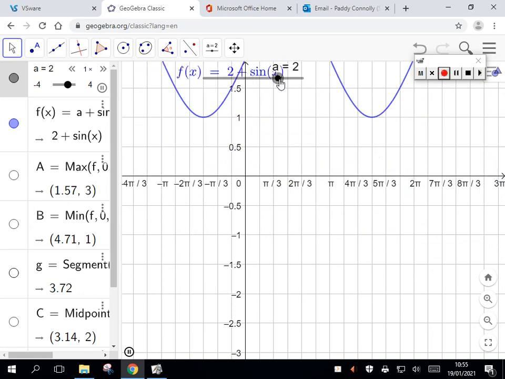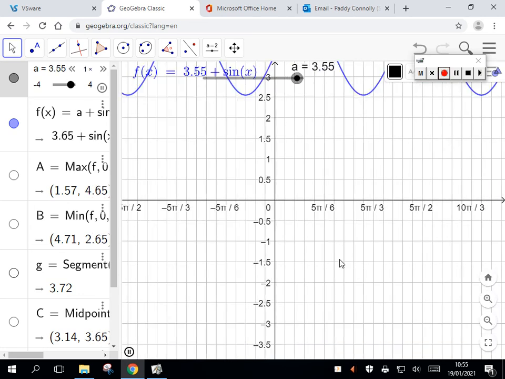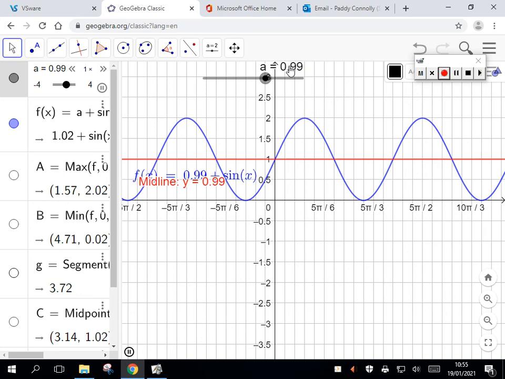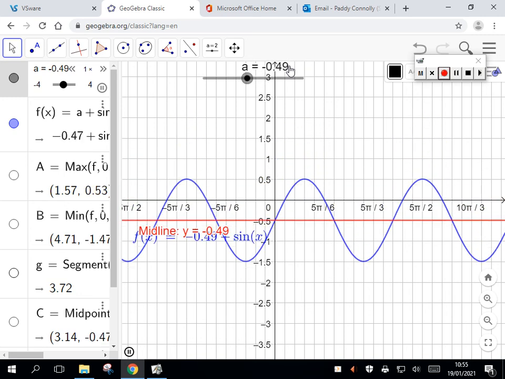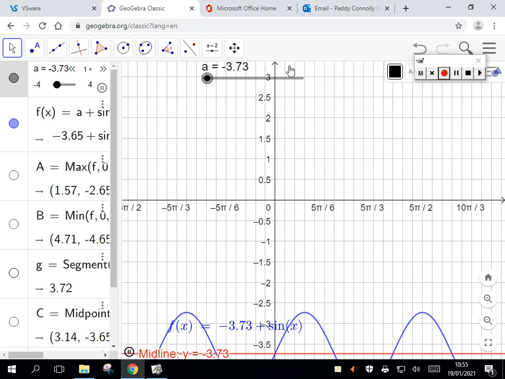Actually, I'm going to stop that and change the increments so you see that a little bit better. And you'll see that as a is changing, this thing is just sliding up and down. The period is not changing. The basic shape of the function is not changing at all.